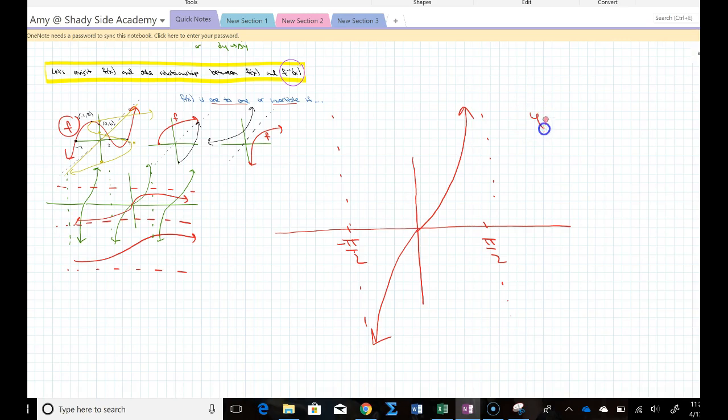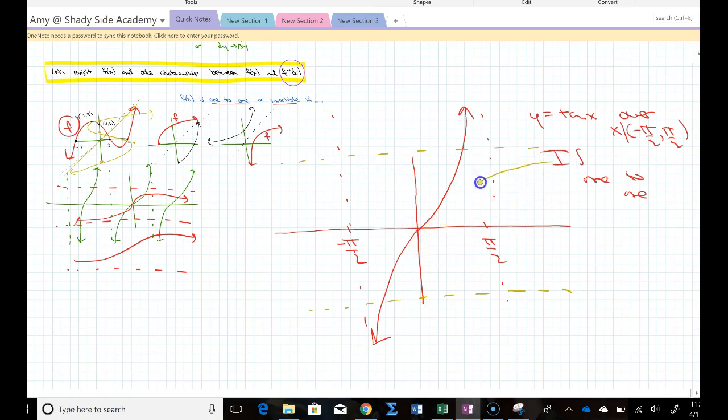So this is just y equals tan x over the interval of x from negative pi over 2 to pi over 2. This is one-to-one or invertible, because if I reflect this curve over the line y equals x, these vertical asymptotes become horizontal asymptotes. And what I get is a picture that looks like this.